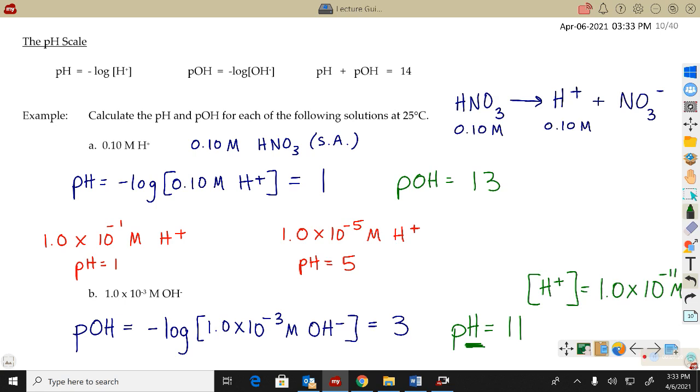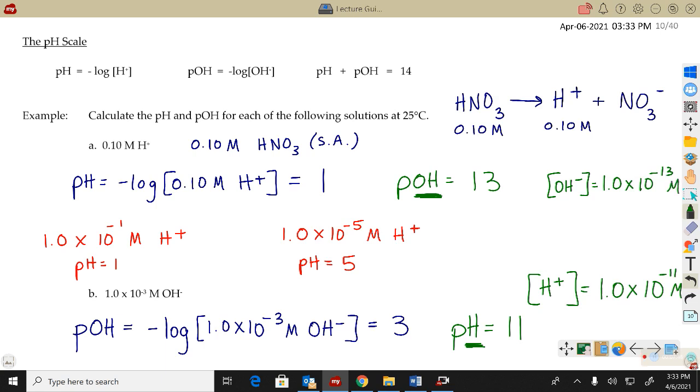So yeah, this solution does not have much hydrogen. The hydroxide concentration is much larger. So yeah, the solution is a base. Kind of similar with example A, if I have the pOH, I could tell you then that the hydroxide concentration is 1.0 times 10 to the negative 13.